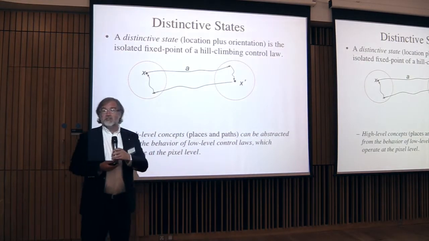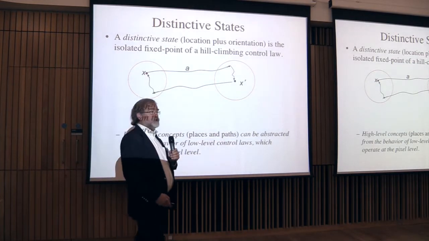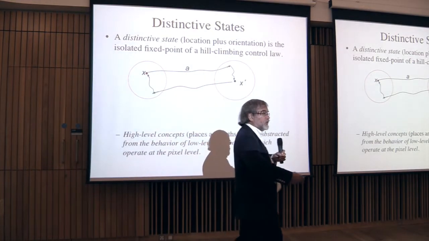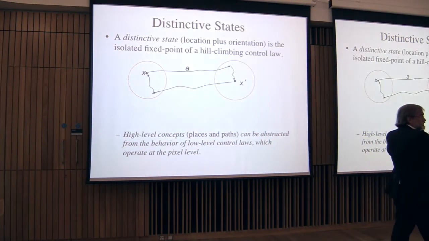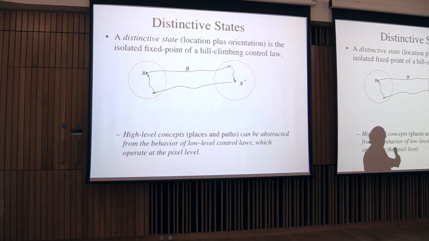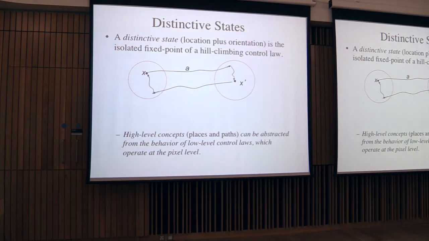And so here again is this notion of a distinctive state. So I can define control laws even without knowing, for example, that my sensors are telling me the distance to the wall. I can just know that there is a feature, and that feature, if I move in a certain way, I can keep that feature close to a certain set point. So I can travel along here maintaining that feature close to a set point and making progress with respect to some other feature without even knowing what that feature is measuring.